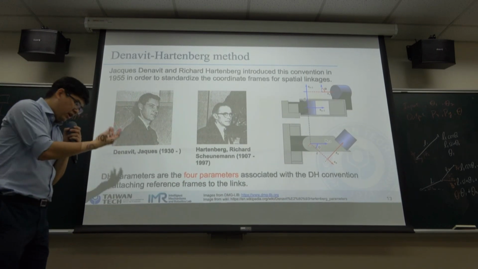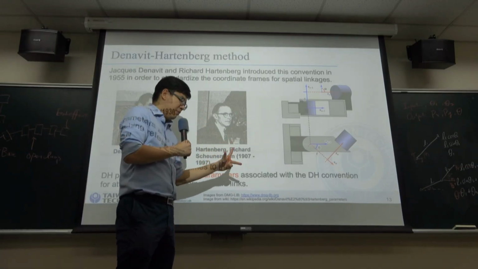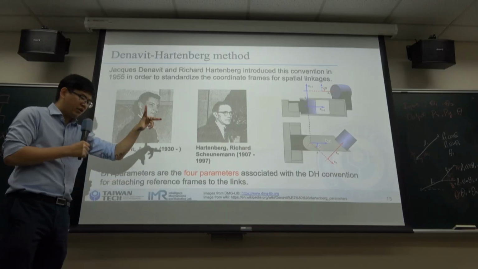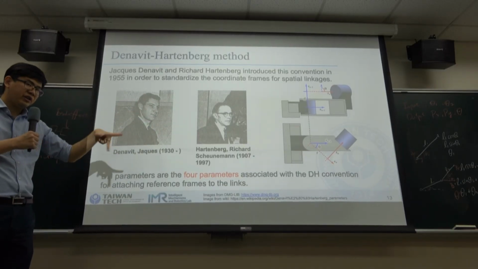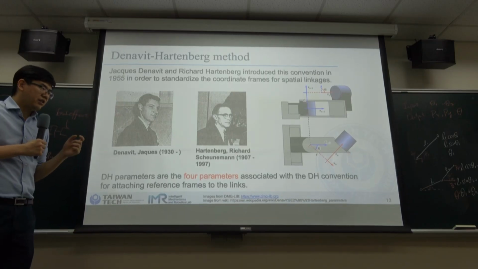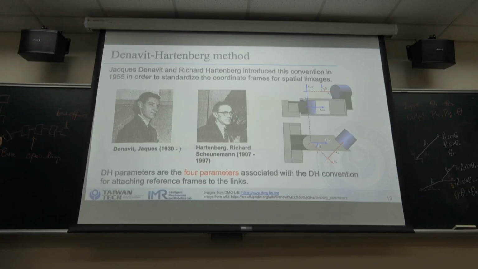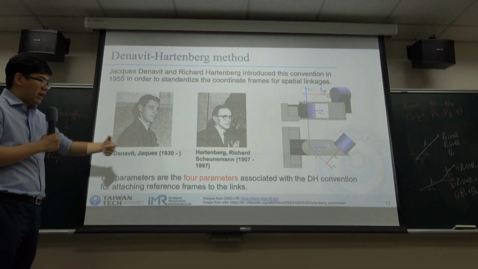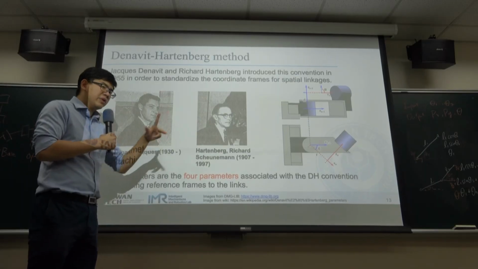Because before then, I think most of the researchers assigned the local frames by themselves, and they needed to check the orientation every time. So Denavit and Hartenberg introduced this method to standardize all the frames.